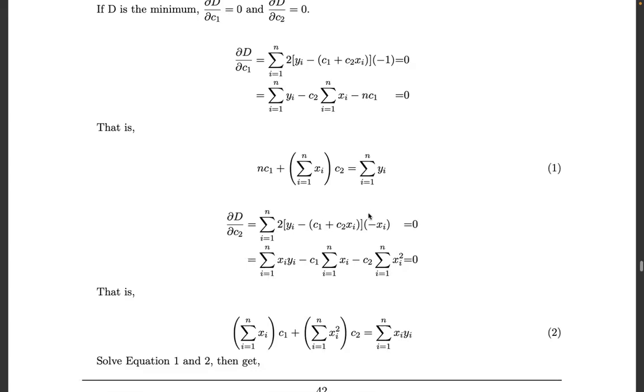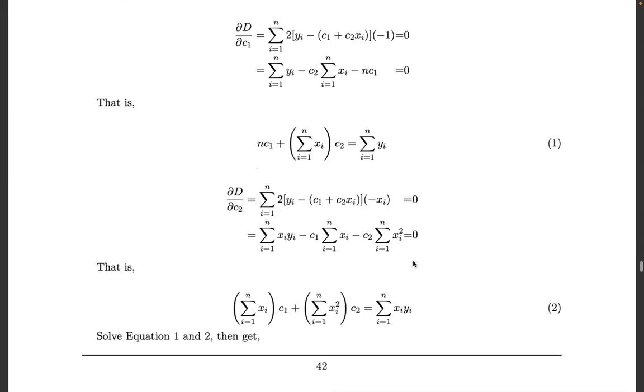Then we get the sum of xi times yi, minus c1 times the sum of xi, minus c2 times the sum of xi squared, equals 0.